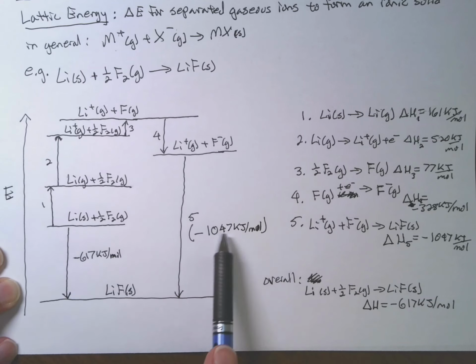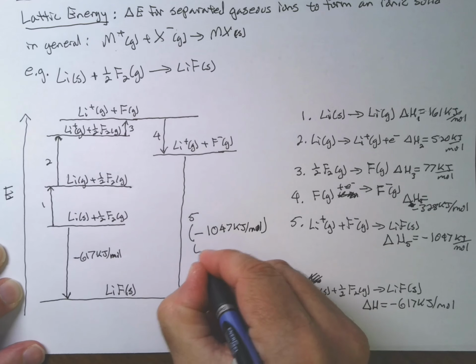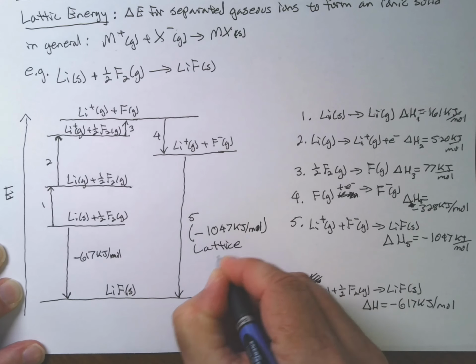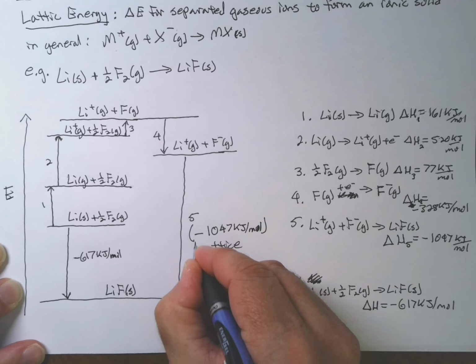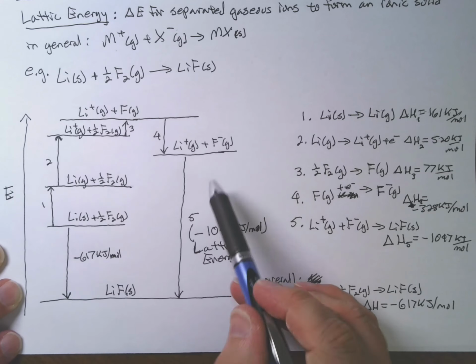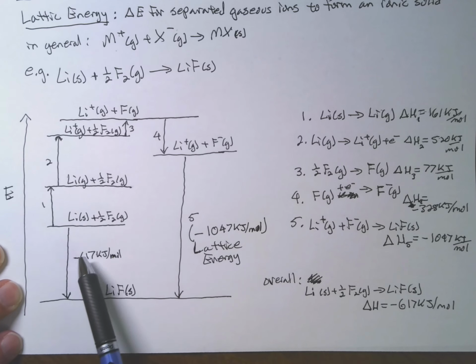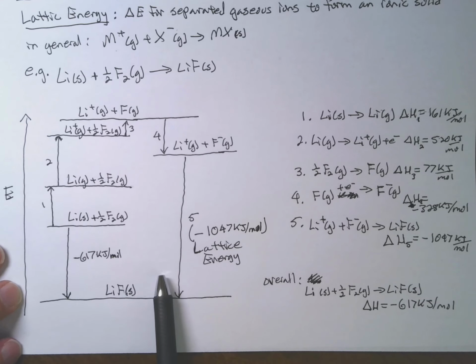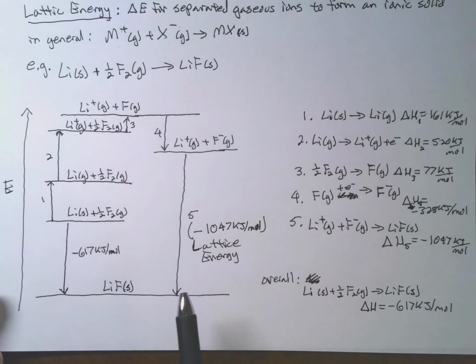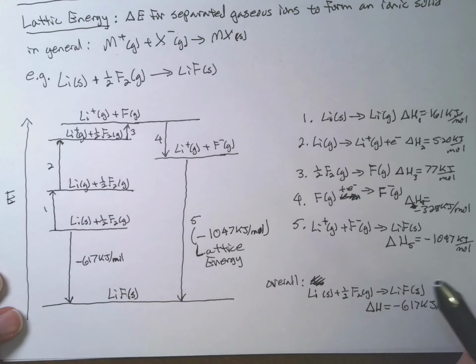So really, this is our lattice energy. This lattice energy is what accounts for most of the overall delta H. It accounts for most of the bond strength, if you will, of ionic bonds.